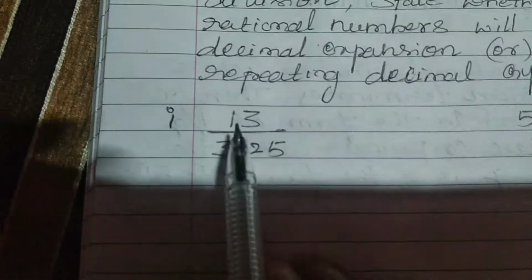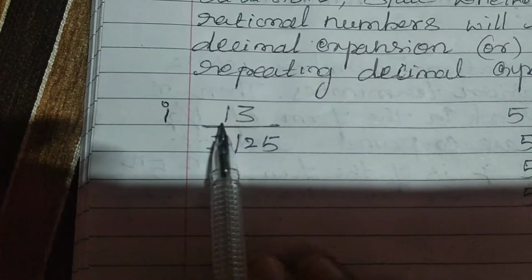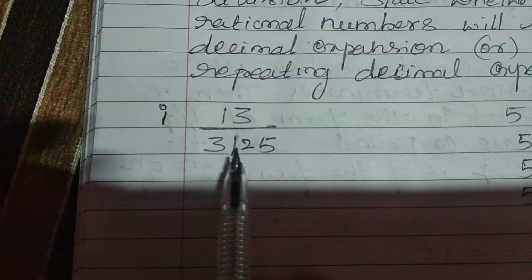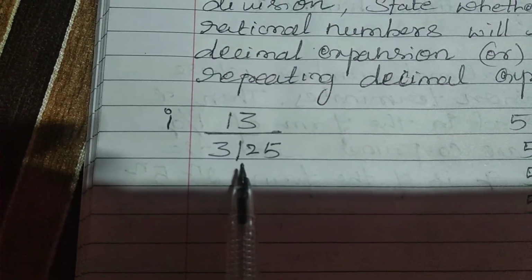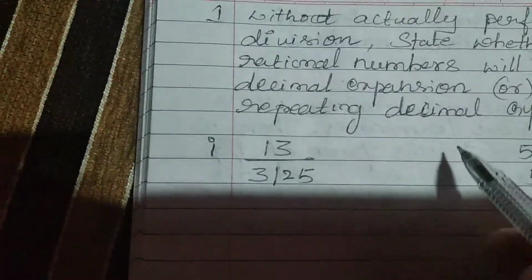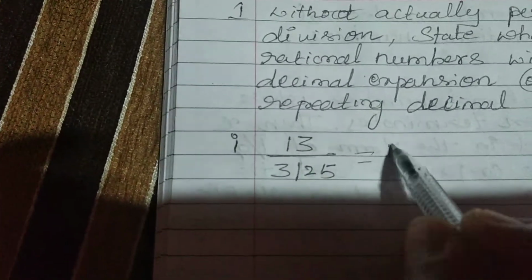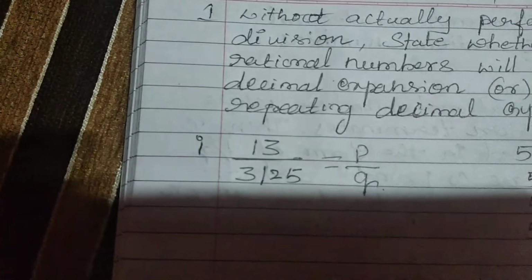Let us consider the first problem, 13 divided by 3125. This is a rational number in the form of p by q.